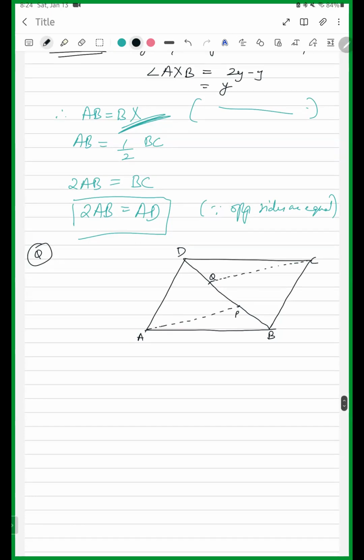So AC bisects PQ, meaning you have to show that AC bisects PQ. Is a very simple one, we won't be doing that. Acha, PQ. Fine, we'll do that also. I thought AC bisects BD. So let's make AC. Okay, let's call this O.